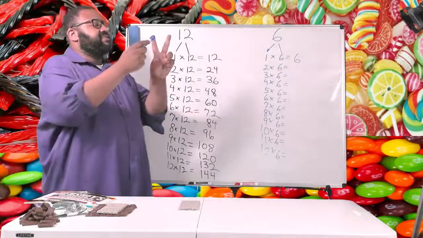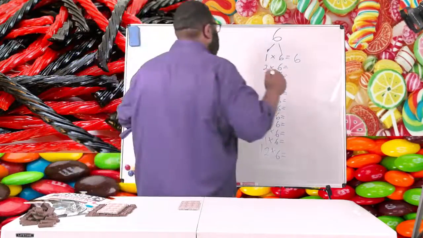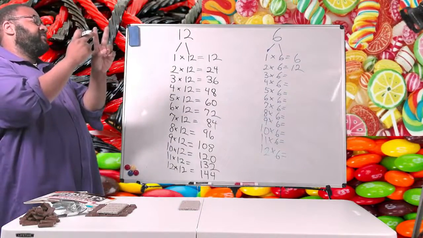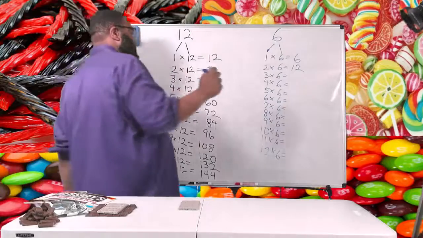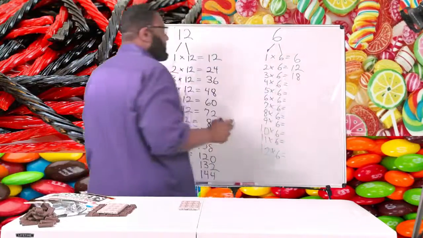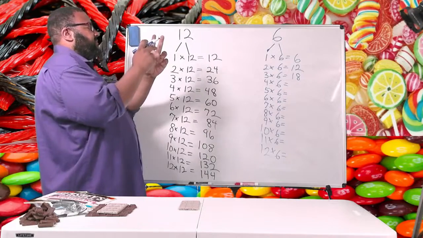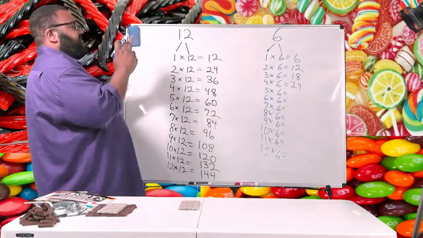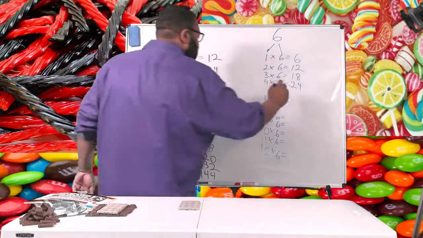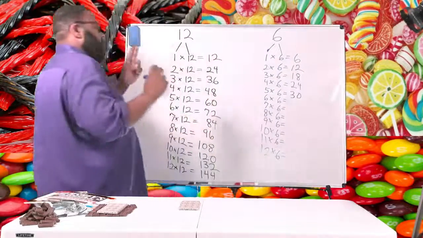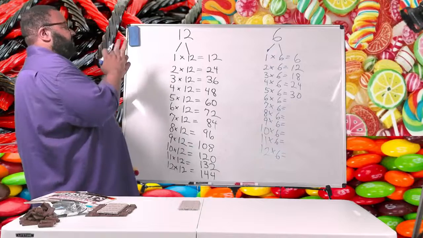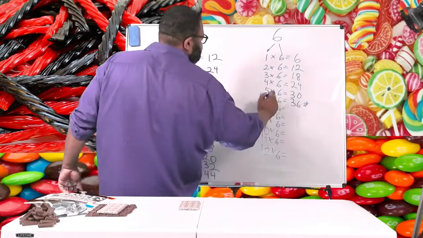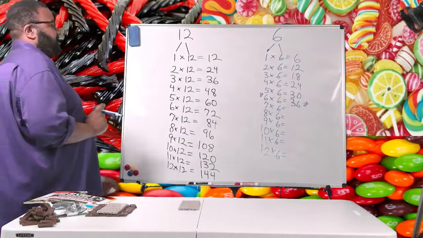What comes after 6? 7, 8, 9, 10, 11, 12. 13, 14, 15, 16, 17, 18. 19, 20, 21, 22, 23, 24. 25, 26, 27, 28, 29, 30. 31, 32, 33, 34, 35, 36. That's 6 times 6. That is that perfect square again that we talked about earlier.